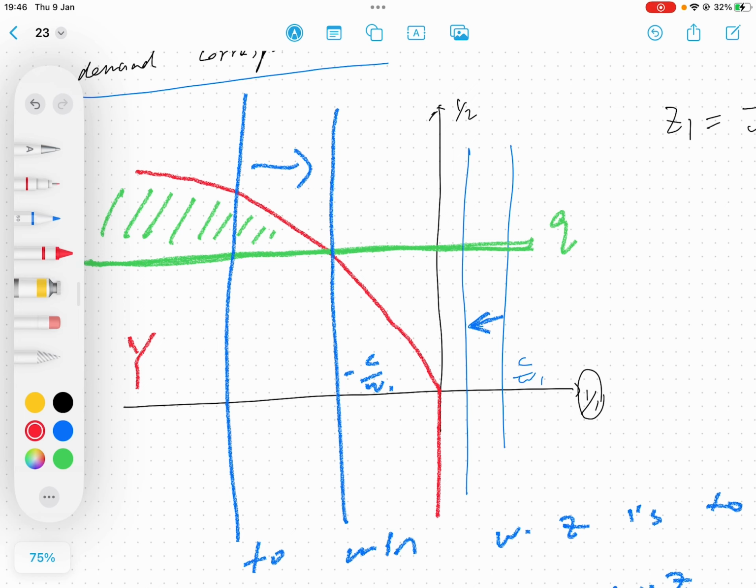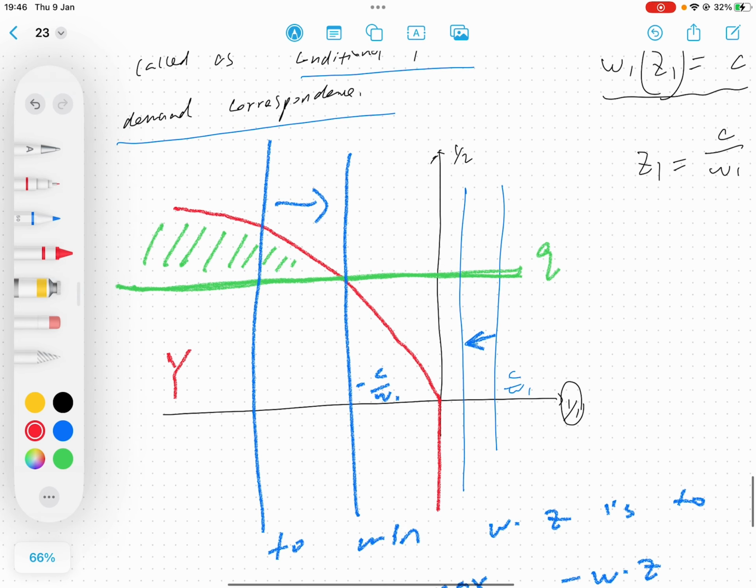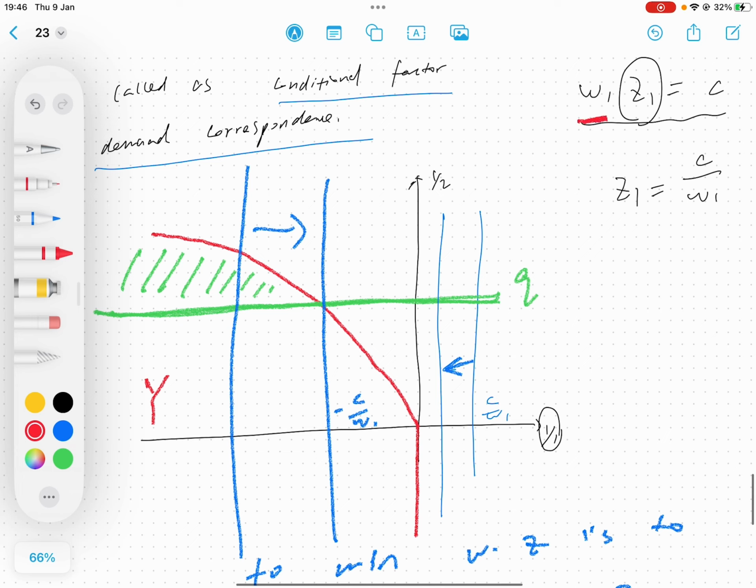Here we just have one input: y1 is our input and y2 is the output. So we have one input price and one input, and the cost is w1 times z1.